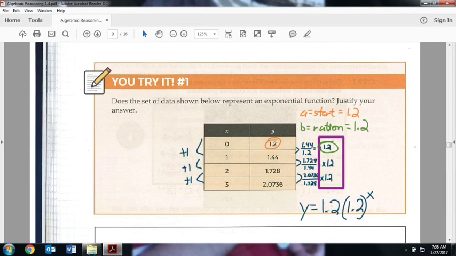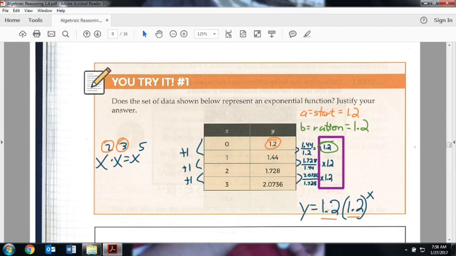Now this is a bit of a special case. You notice how the 1.2 is the same? Well, if you ever have the same base, for example, if I'm doing x squared times x to the third, the way you combine those is by adding the exponents. So 2 plus 3 is 5, so it's x to the fifth.